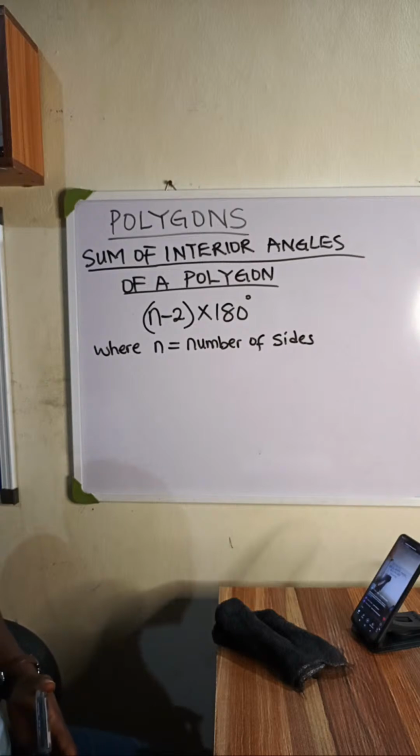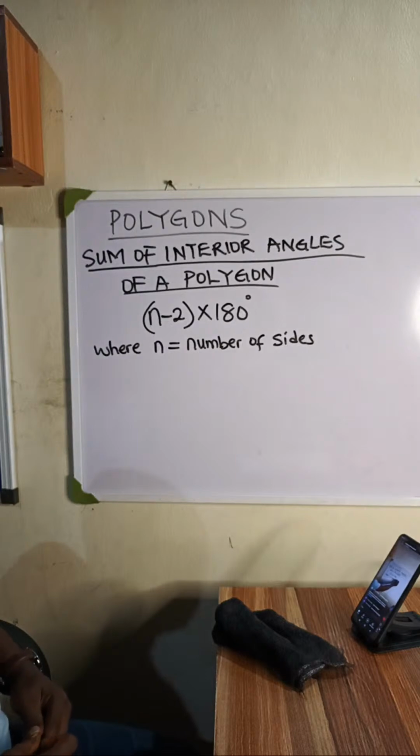So n is equal to the number of sides of the polygon.